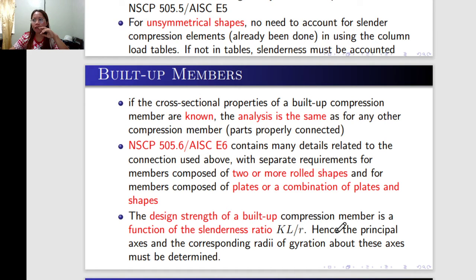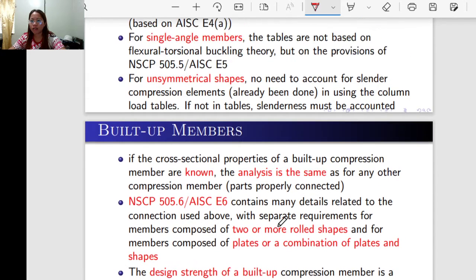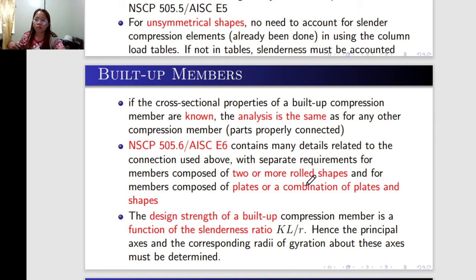So the analysis is the same to get what is required in the problem. NSCP 505.6 or AISC E6 contains many details related to the connection used, with separate requirements for members composed of two or more rolled shapes and for members composed of plates or a combination of plates and shapes.